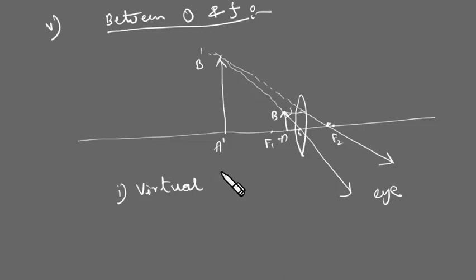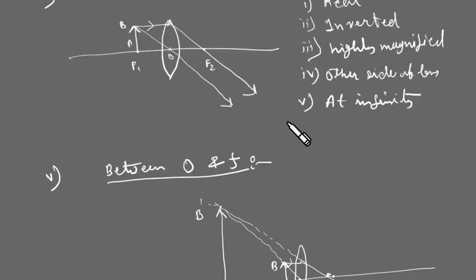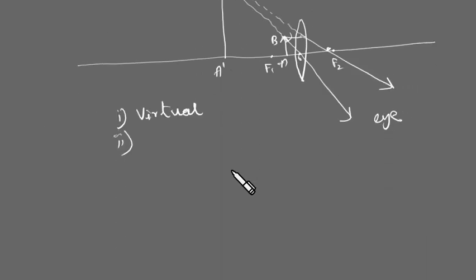So to get a virtual image by a convex lens, where do you have to keep the object? Between the optical center and the first principal focus. The second property is that it is not inverted anymore. It is straight, or erect.